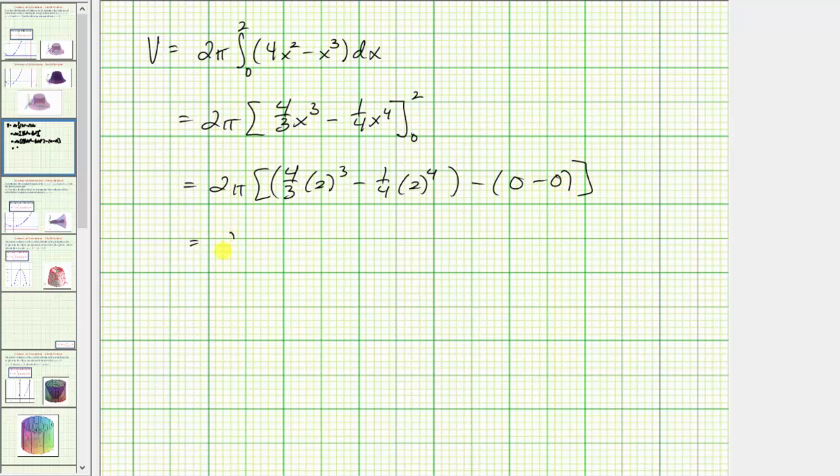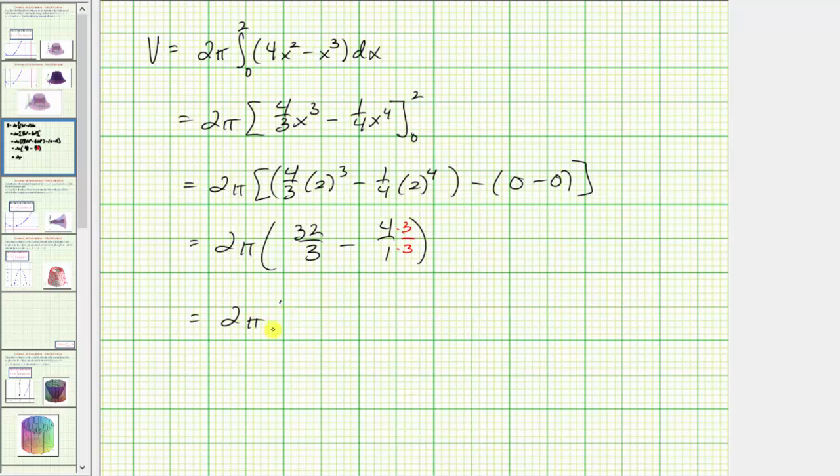So simplifying, we have 2 pi times, here we have 4/3 times 8, that's 32/3, minus, here we'll have 1/4 times 16, which is just 4. Let's write 4 as 4 over 1. Common denominator is 3. So multiply 4 over 1 by 3 over 3.